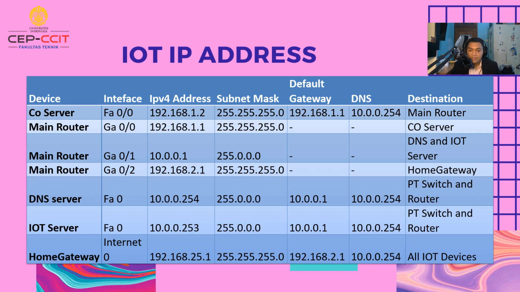That's because the home gateway is connected to the main router interface GA0/2, with an IP address the same as the default gateway in the home gateway, and the DNS server IP is 10.0.0.254 and the destination is all IoT devices.